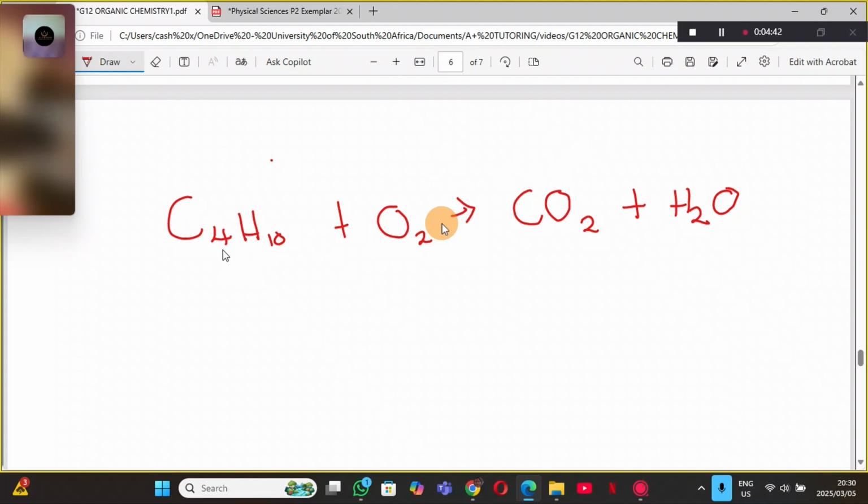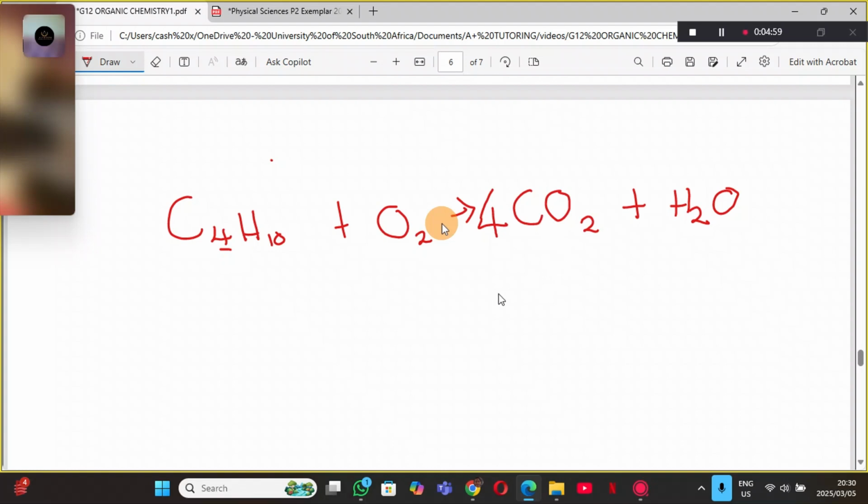So on this side I had 4 carbons, right? And on this side, the only compound that has carbons is the CO2, meaning I need to make it 4, so that I can have my 4 C's. Do you see that?